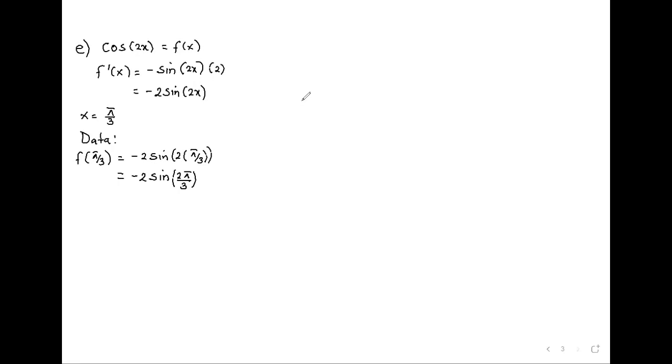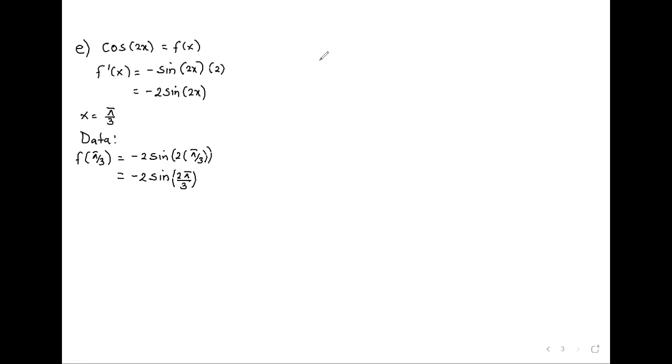So what is the angle 2 pi over 3? It is 120 degrees. So that is 120, which is 60 past 60.